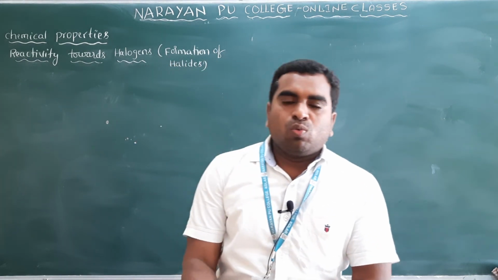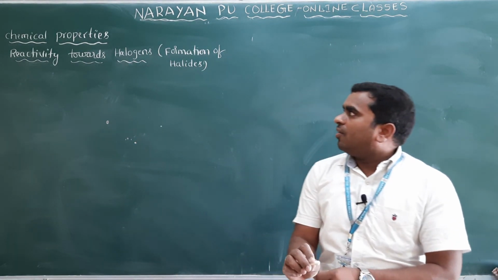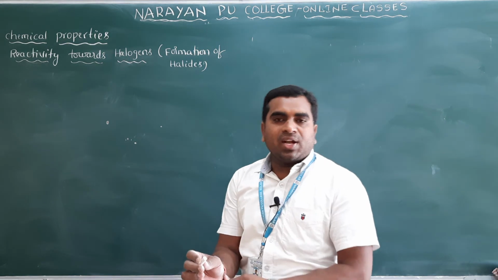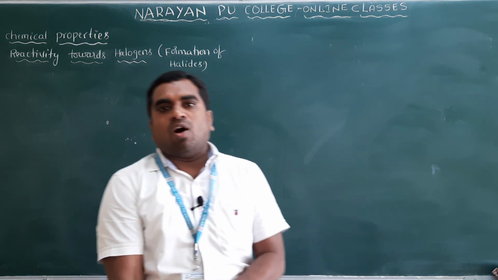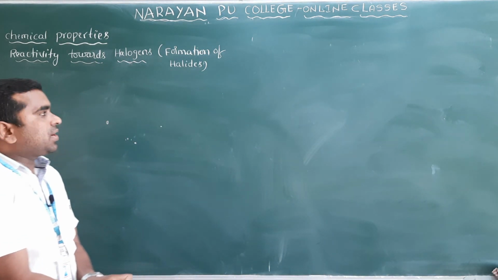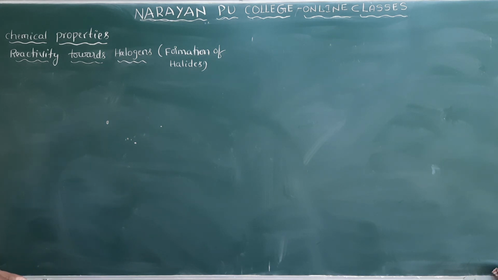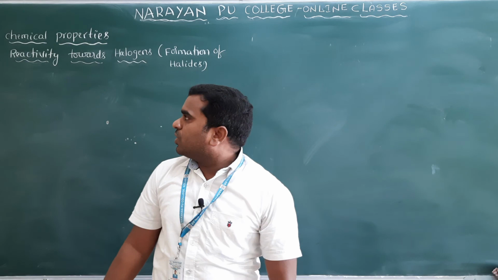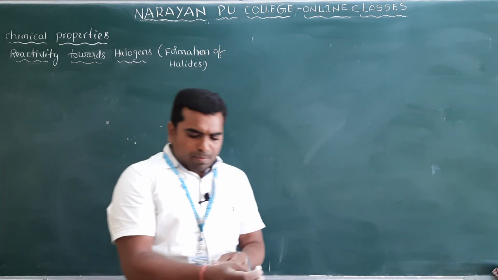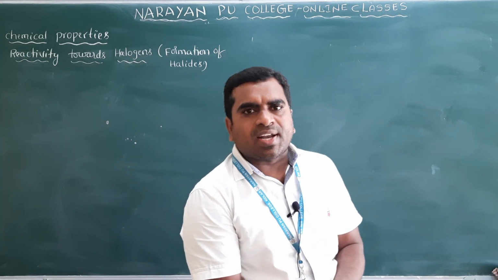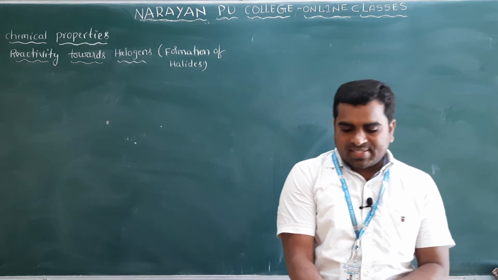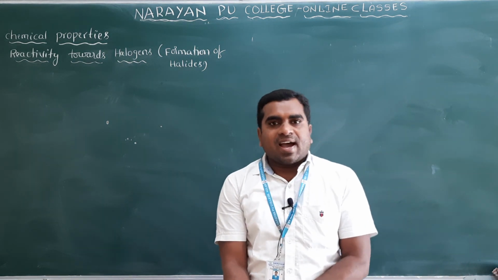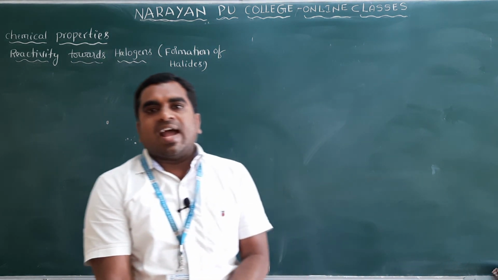So we have completed reactivity towards hydrogen and reactivity towards oxygen, and the next topic is reactivity towards halogens, formation of halides. Clear? Here 16th group elements mainly form 4 types of halides: hexahalides, tetrahalides, dihalides and monohalides.